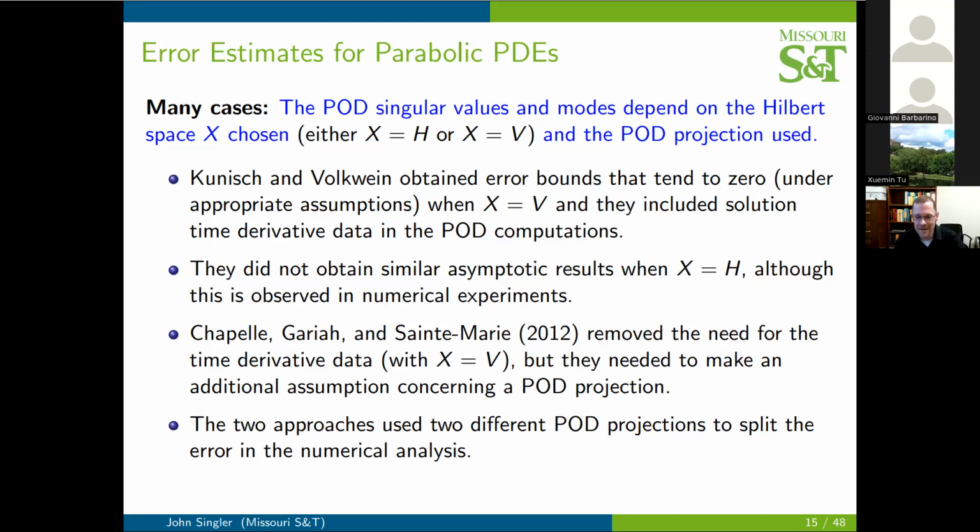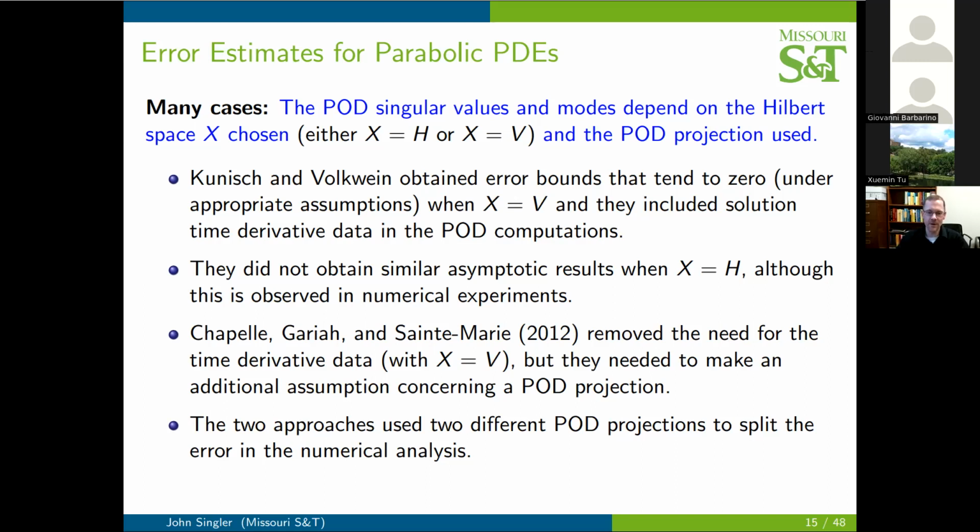We said at the beginning we split the error in a certain way, and we had a POD projection there. Kunisch and Volkwein, in their papers, found error bounds for the reduced order models that tended to zero under certain assumptions when they took the stronger norm, the H10 norm, for the POD computations, and they needed solution time derivative data.